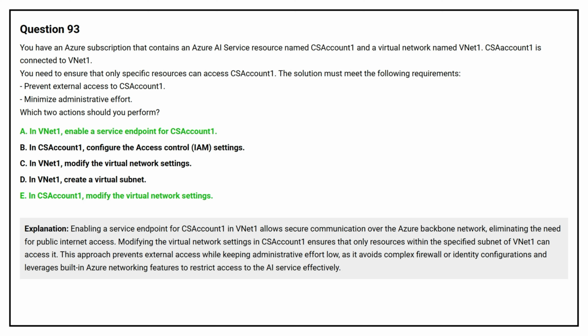This approach prevents external access while keeping administrative effort low, as it avoids complex firewall or identity configurations and leverages built-in Azure networking features to restrict access to the AI service effectively.